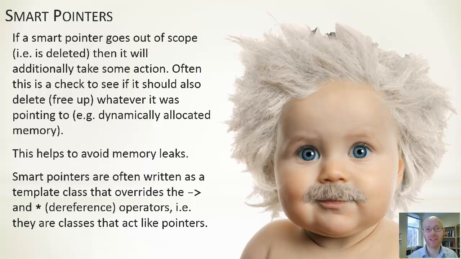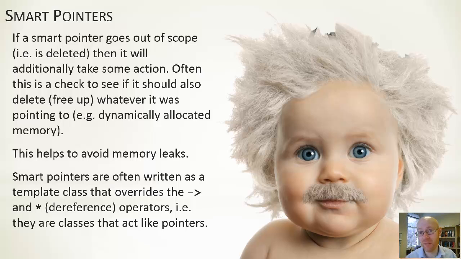If the last one that points to it goes out of scope, then it'll clean up the thing that it points to as well. These are great for avoiding memory leaks within our programs. And the C++11 recommended advice is that you do use them if you're programming, and you most certainly should.